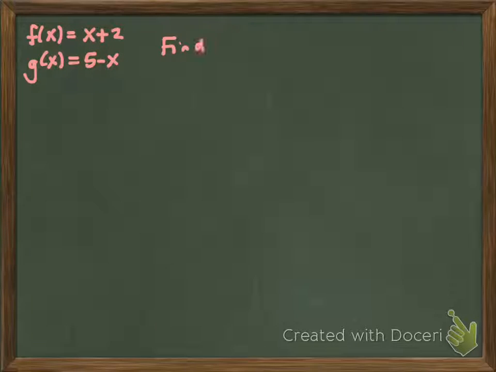Find f of g of 1. Do that now. Find f of g of 1. What's the very first thing you started doing when I asked you to do that? What's the very first step?